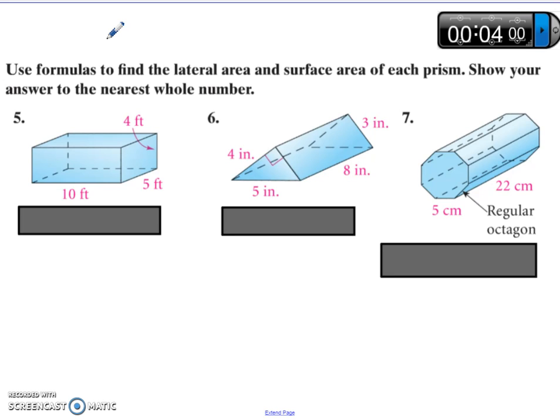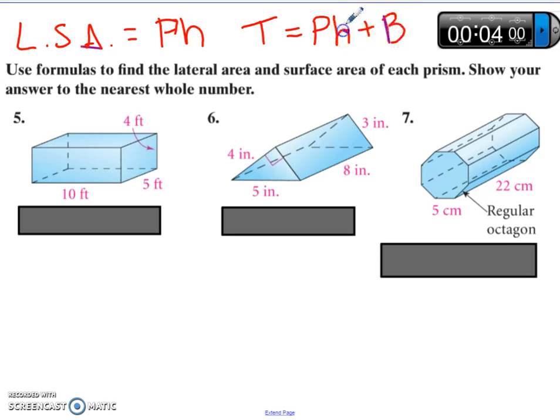So for our prisms, our formula for lateral surface area equals big PH, and total is big PH plus 2 big B. So anytime that you have a big letter, it's talking about the bases. So the P is the perimeter of the base, and the B is the area of the base.